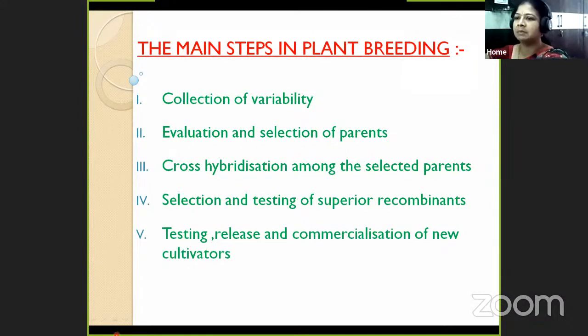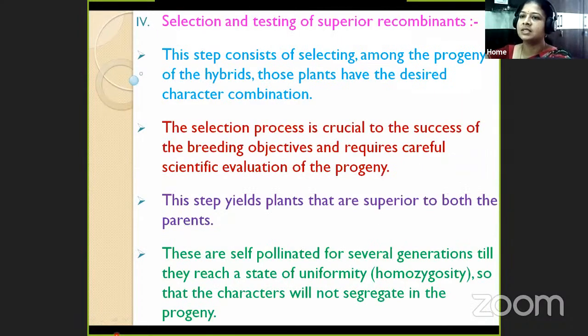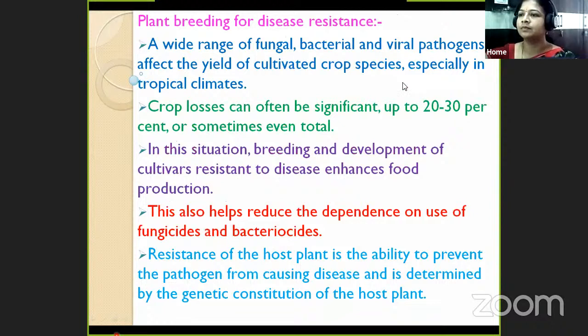Okay, this is completed. Next, coming to breeding for disease resistance. A wide range of fungal, bacterial, and viral pathogens, these all are microorganisms, fungi, bacteria, and viruses, affect the yield of cultivated crop species, especially in tropical climates.